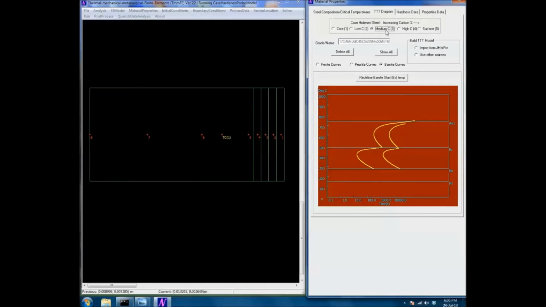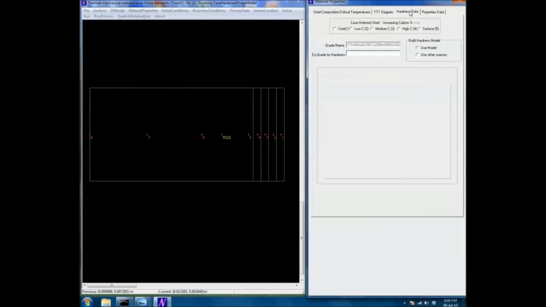For example, here at the medium carbon level with a carbon percentage of 0.45, only the pearlite and the bainite phases are expected. The high carbon steels and the surface steels are also defined in this fashion.